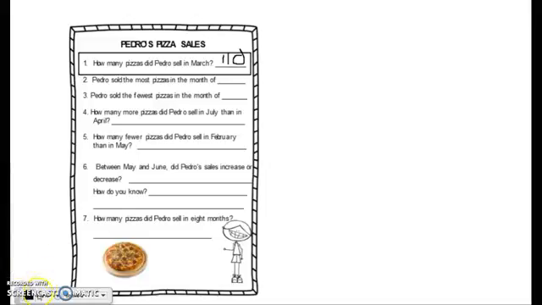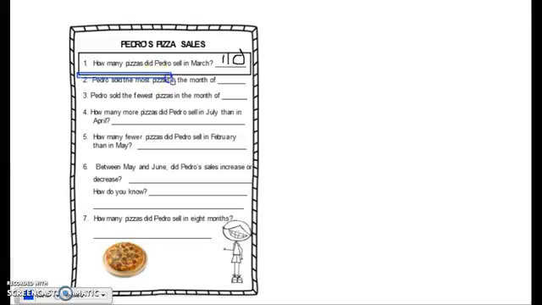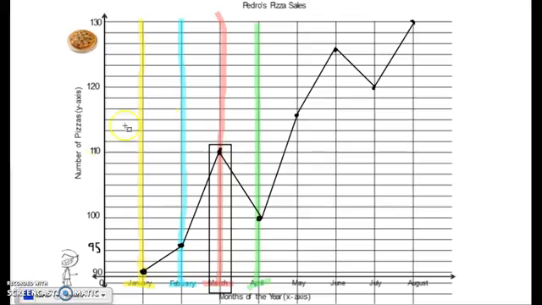Excuse me a minute. Question number 2. Pedro sold the most pizzas in the month of. Now what we need to do is look at our line graph. Which month's dot is the highest? That would be right here, 130. That was August.